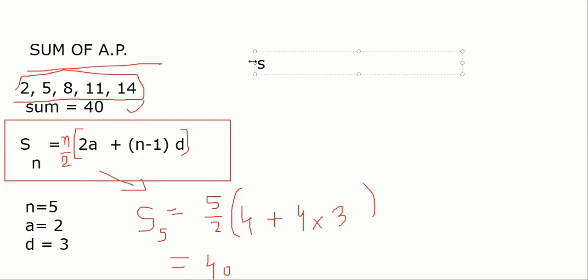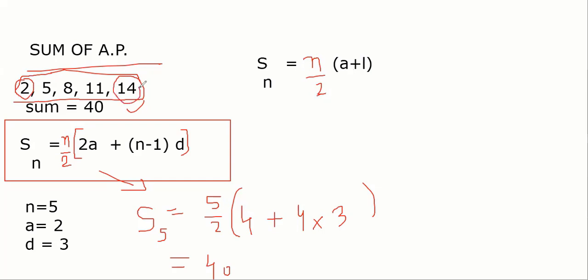Another way of saying the sum of n terms is n by 2 times a plus l. n you know, a you know, l is the last term. This is my a, this is my l.